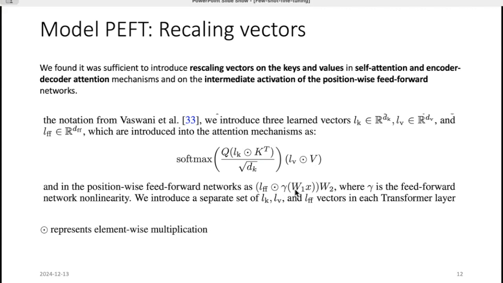Then they also apply it to the output. You can think of this as a sigmoid, or a nonlinear activation function like ReLU, and then you just apply scaling factors on the output of the nonlinear activations. So these are the tunable parameters in the T0 architecture that they are going to fine-tune on the few-shot examples.